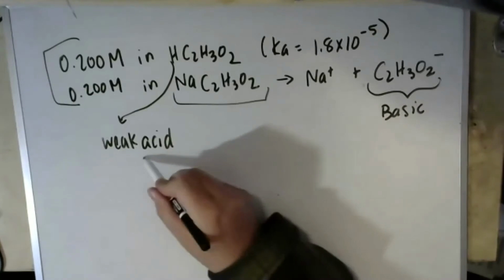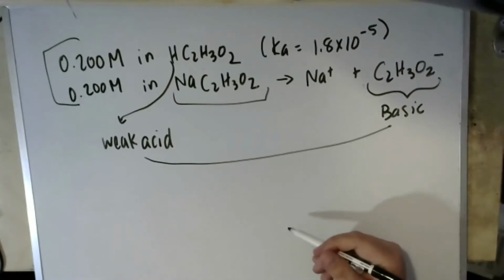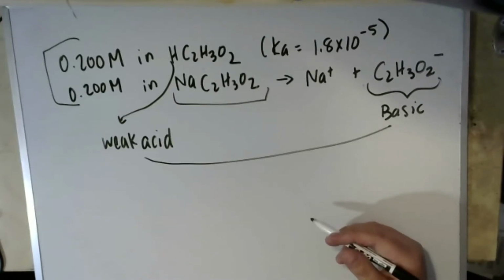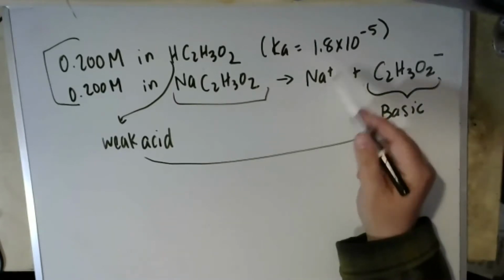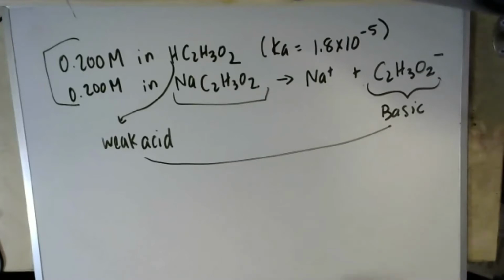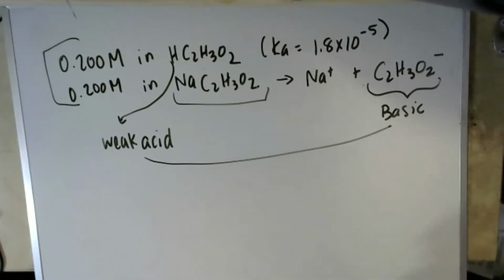So this is going to be the conjugate base of your weak acid. Remember, we went through all that classification in the last chapter of the pHs of different ions, and this is where that's going to come back into use. We know that sodium is a neutral cation and acetate is a basic anion. So this is going to be our weak acid, and this is going to be the conjugate base that makes up our buffer.